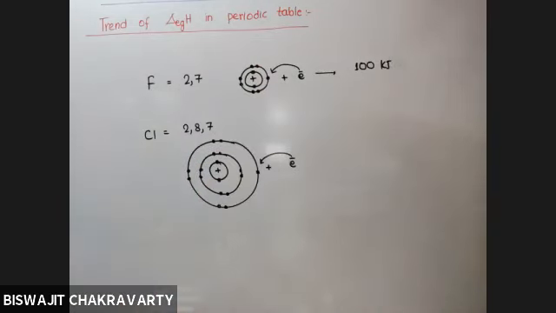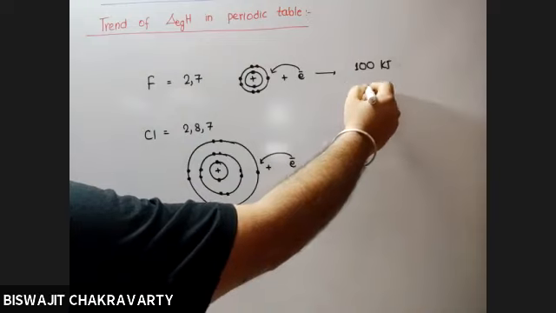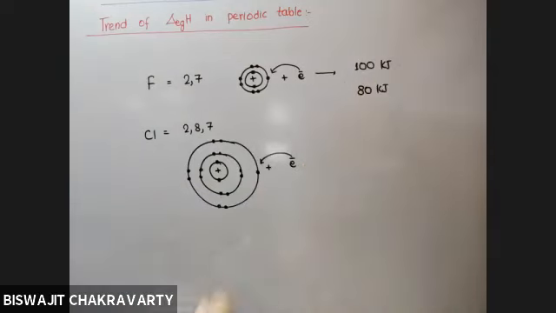But in reality, it has been found that only 80 kilojoules of energy is released. Where is the rest of the 20? The rest 20 is utilized in overcoming the force of repulsion.